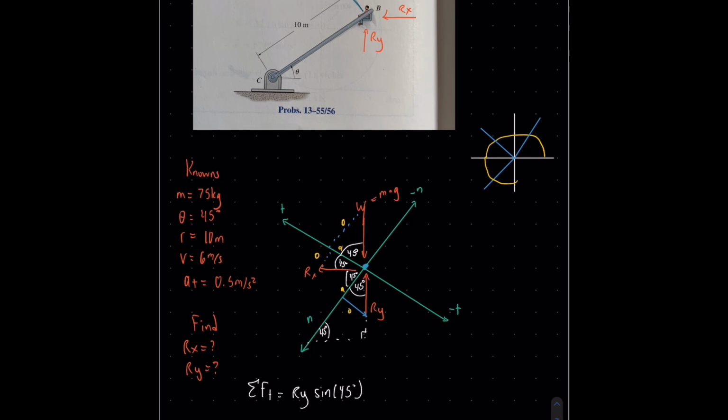Now for our reaction in the x. Now our reaction in the x is going to be cosine, because notice how the adjacent side is going towards the tangential. So that means reaction in the x is equal to cosine of 45 degrees, right there. And now our weight also has an adjacent angle pointing toward the tangential.